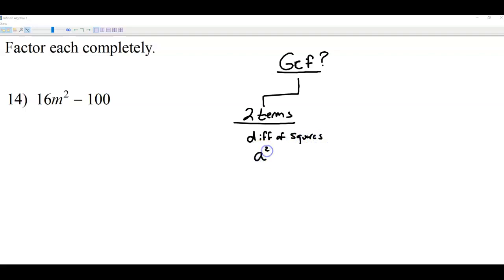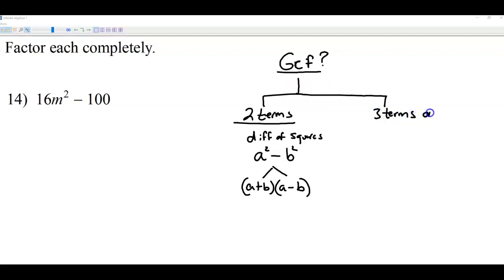But for instance, if you have two numbers that are perfect squares being subtracted from each other, then that's going to factor into a plus b times a minus b. Okay? Now, if there are three terms or four, we're going to use the box method. Okay? And that's pretty much it.